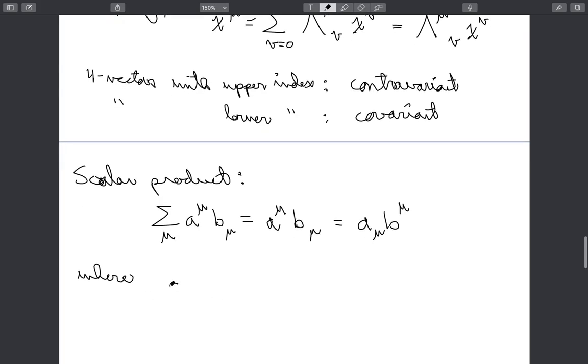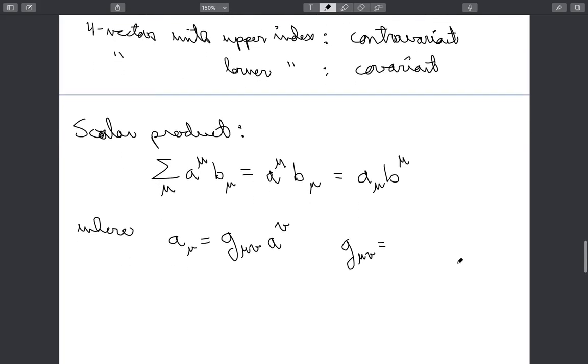where we've defined the vectors with the lower indices as a simple linear transformation. So here I'm adopting the summation convention, okay, where this g mu nu is a matrix that represents, if you want, the signature of space-time.